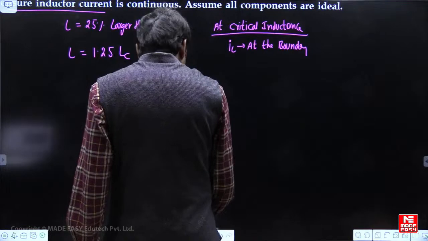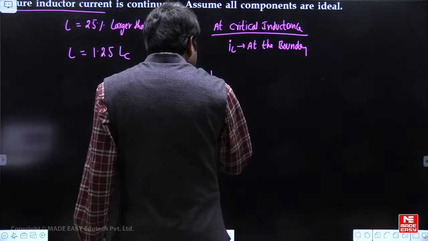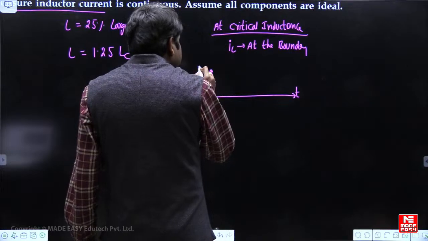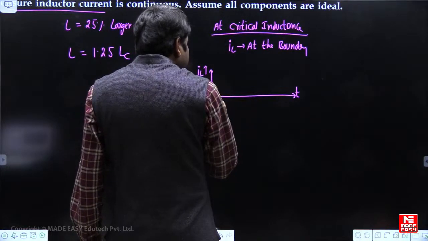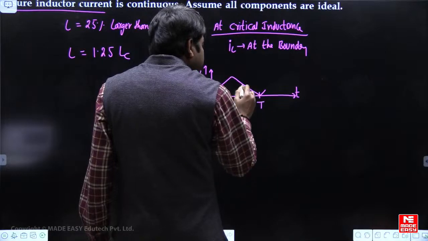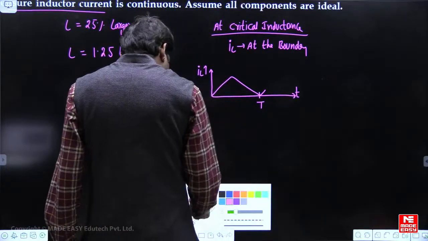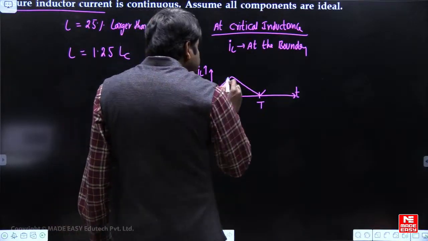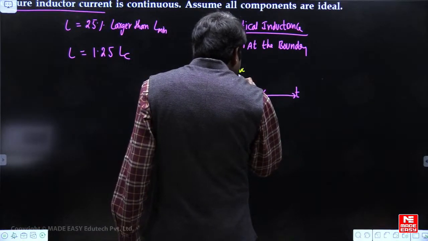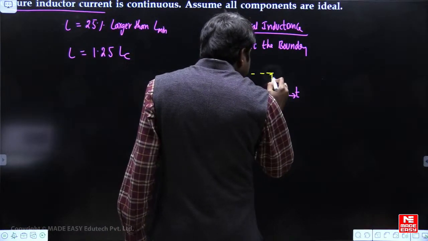Let me show you the IL waveform here. When it is at the boundary, the IL waveform is like this. This is the time period. This is the maximum value, I maxima, and that is the ripple, delta IL.